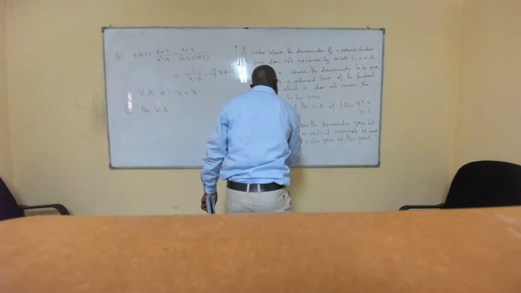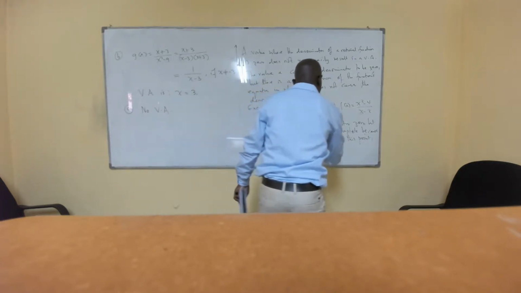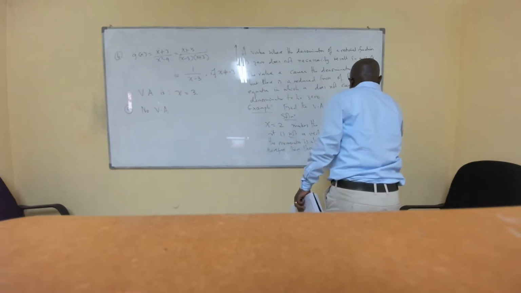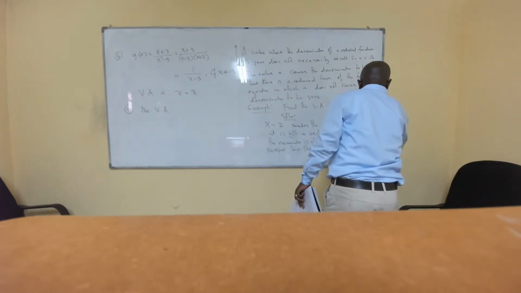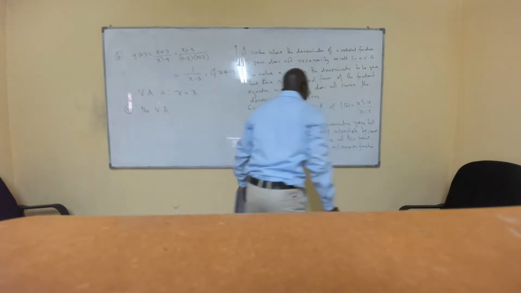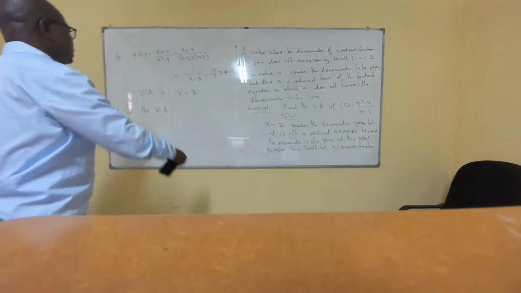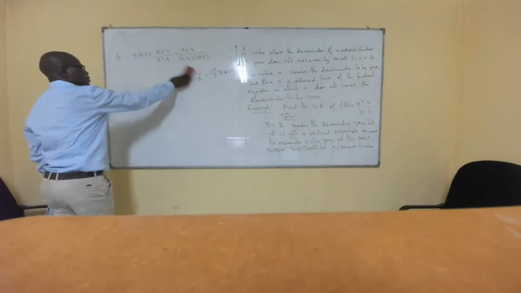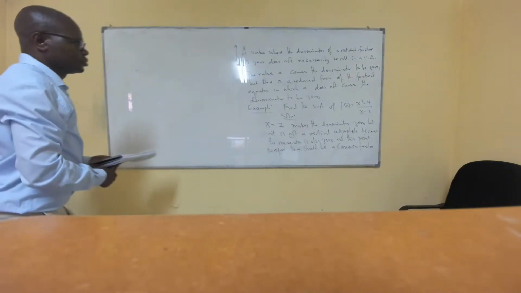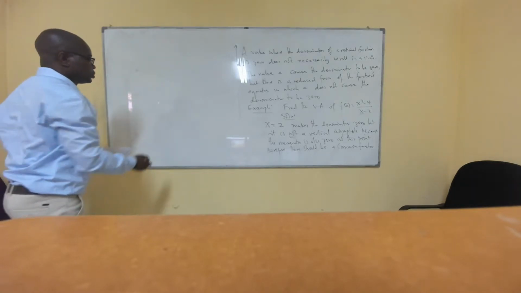Therefore, there should be a common factor. So that factor must be cancelled from both the numerator and denominator before we can determine the vertical asymptote.